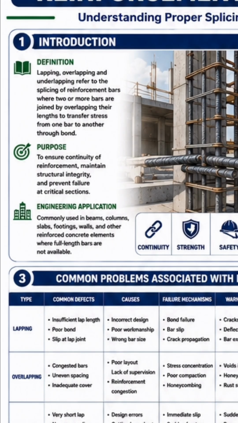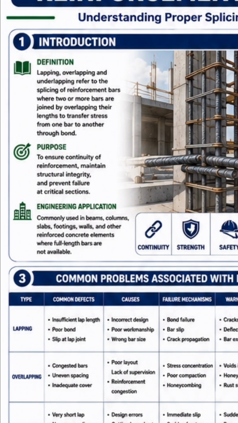We have engineering application. It is commonly used in beams. Where do you have lapping of reinforcement? Commonly in beams, then we also have lapping in columns, in slabs, in footings, in your walls, and other reinforced concrete elements, where full length bars are not available.